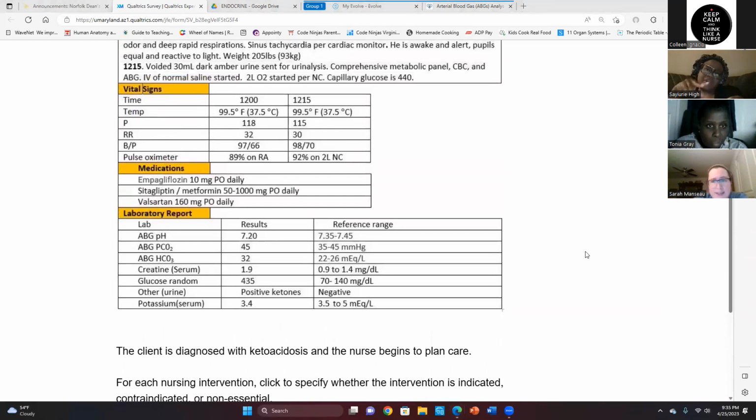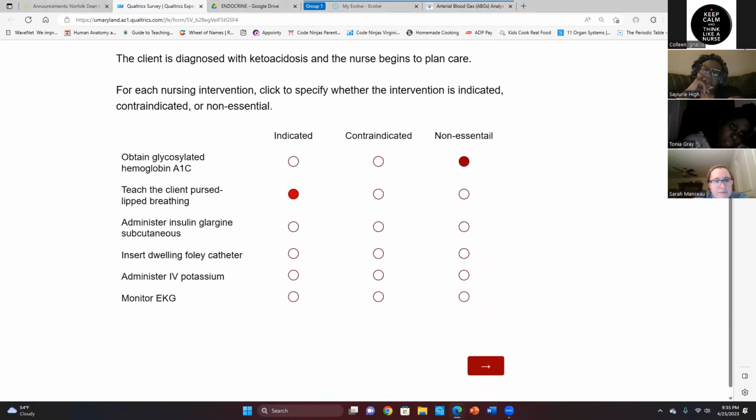IV, give it directly into that line. So is it indicated or contraindicated? It's contraindicated because they're already getting insulin. They'll check his sugar every hour and then adjust that insulin as needed if he's in DKA.